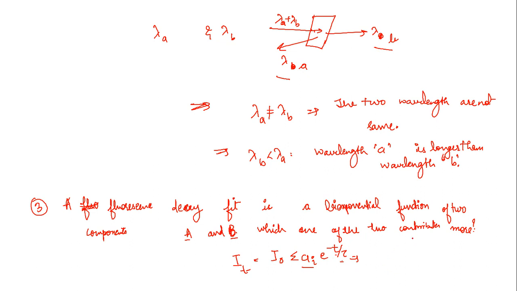So, suppose I am given the values for A and B. I'll write this on the next page. Say this is component A and this is component B. First of all, the value of amplitude and lifetime.